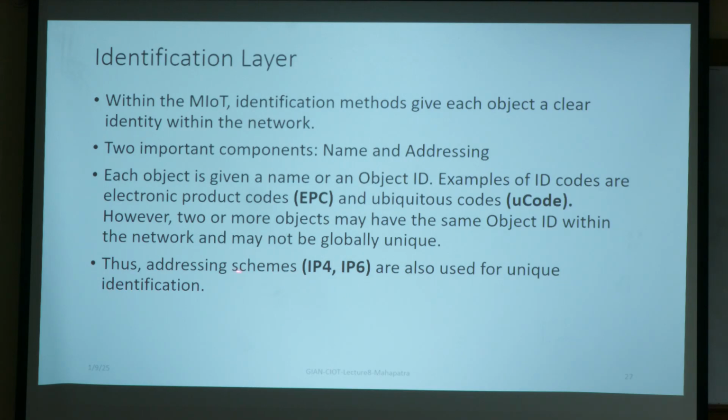Which means you can provide a tag or ID using that IP address, because an IP address is always unique. So you have 3 choices: EPC or U-code or IP address. That's how you will be identifying each object in the identification layer, the bottom layer.